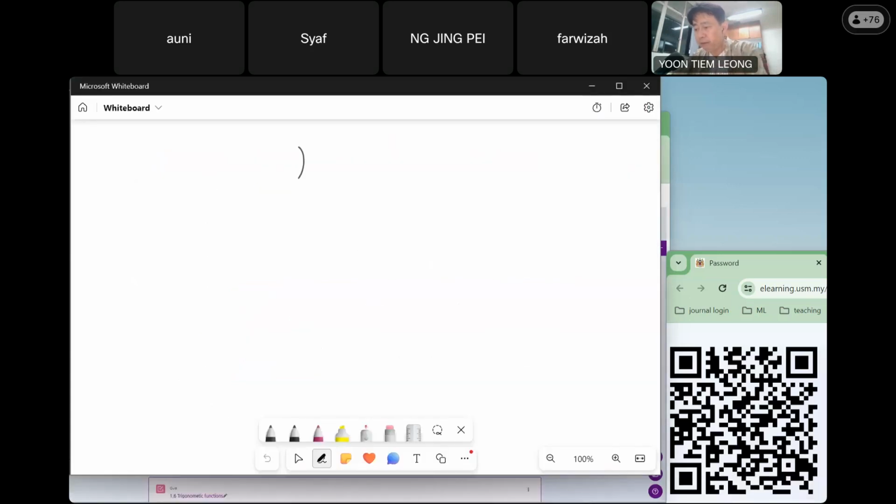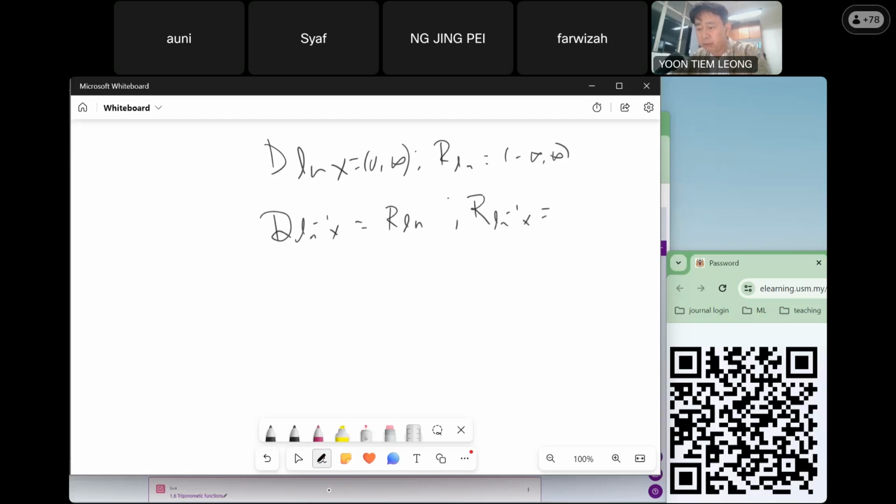So if the logarithmic function has a domain from 0 to positive infinity and a range from minus infinity to positive infinity, then the domain of the inverse of the logarithmic function is just the range of the logarithmic function, and the range of the inverse is just the domain of the logarithmic function.